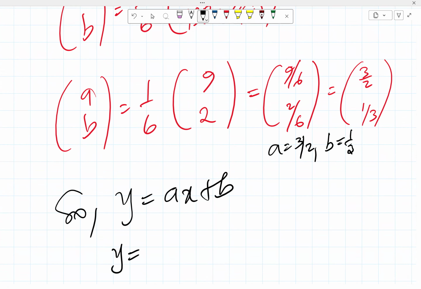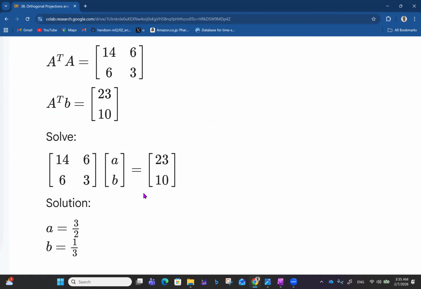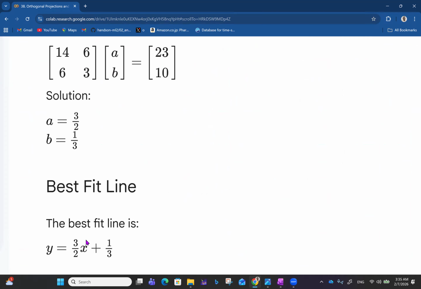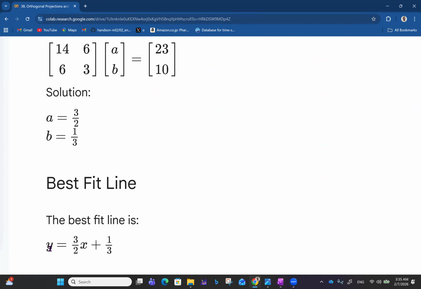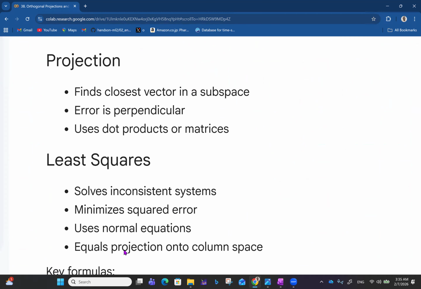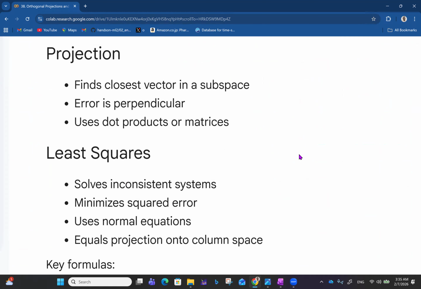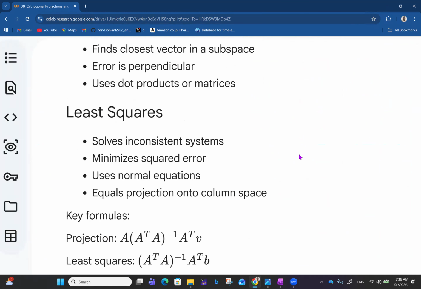So the equation, the approximation, is then 3 over 2 x plus 1 over 3. So that's the kind of idea we have right here. Okay, 3 over 2, 1 over 3. So the best line of fit, I mean, we can get the best line of fit to be 3 over 2 x plus 1 over 3, basically.